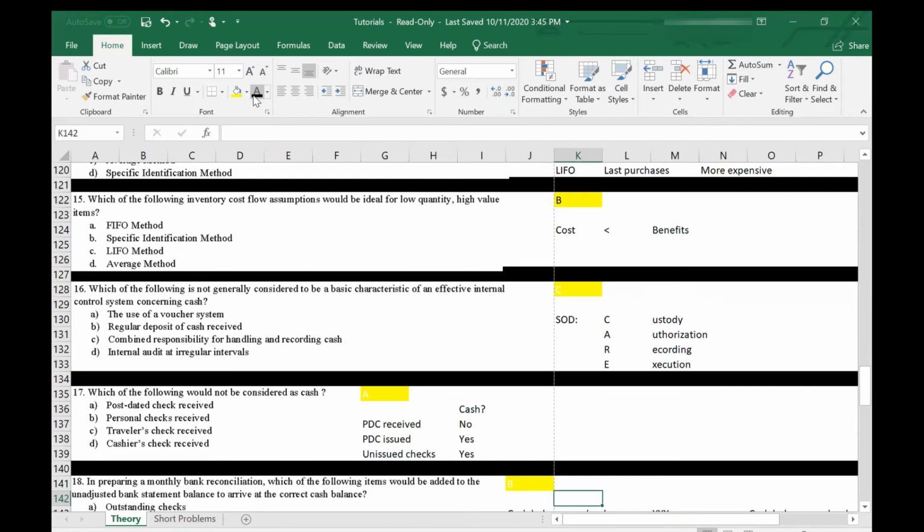Letter D. Internal audit at regular intervals. Yes, it's also a good internal control system pertaining to cash. Why? Because if you're doing an internal audit, for example counting your cash, it would be advisable to do it irregularly so that there will be an element of surprise.